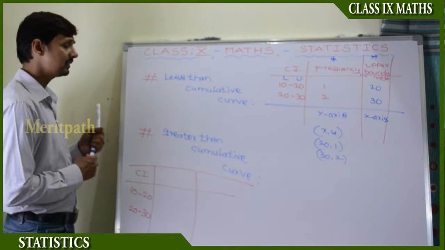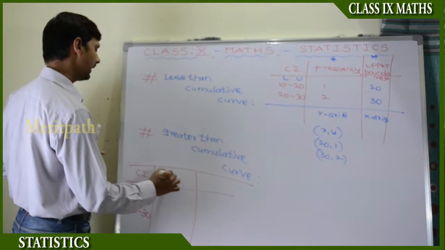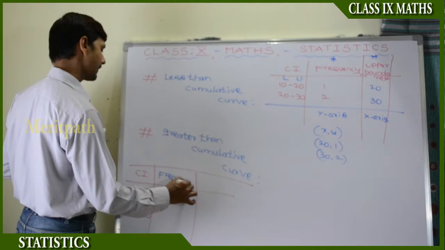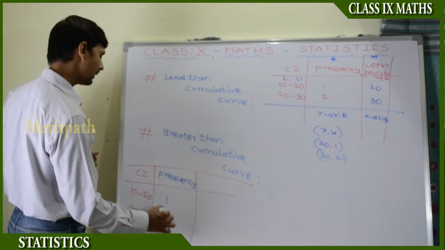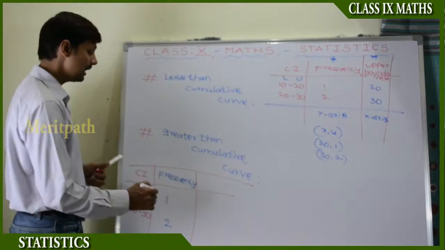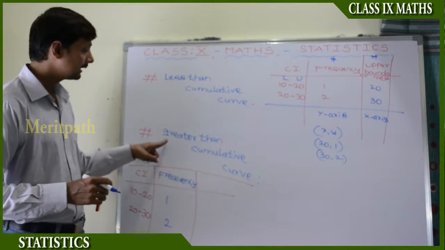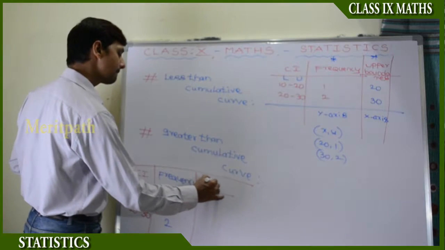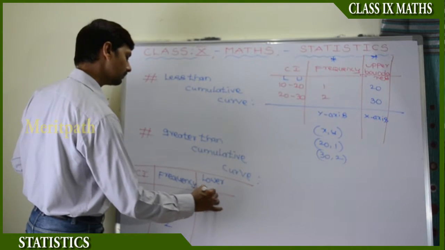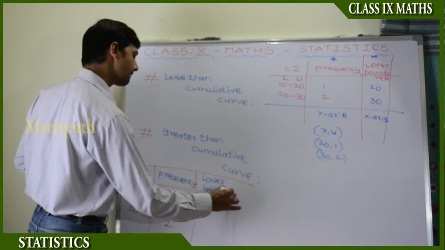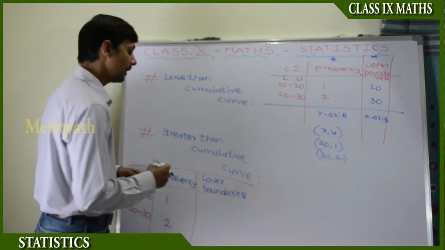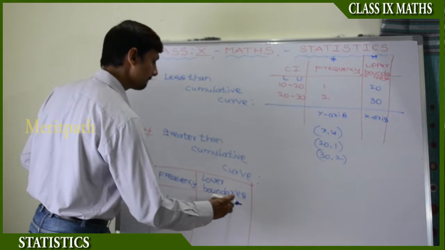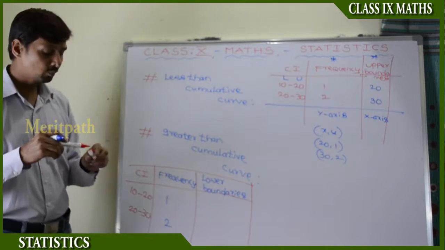The class interval is the same and the frequency is also the same, as given, that is 1 and 2 for example. For the greater than cumulative frequency, we use the lower boundaries.